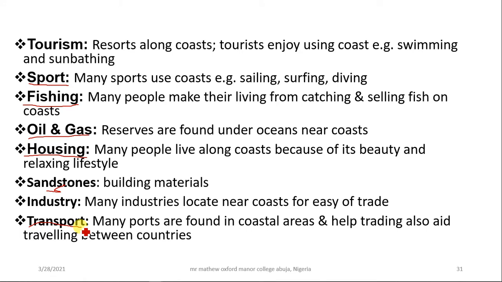Transport. So many ports are found in coastal areas and help trading, and it also aids traveling between countries. So these are the individual coastal opportunities, though there are more. You can think of more. Like I just mentioned, it provides water for drinking. It can also be a source of electricity.